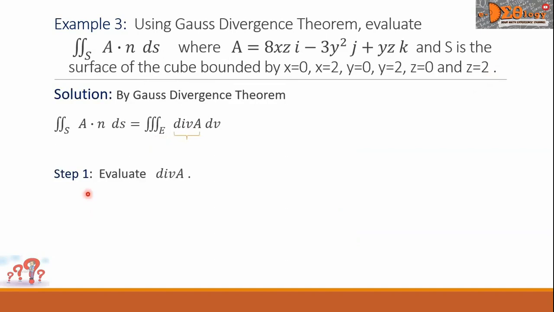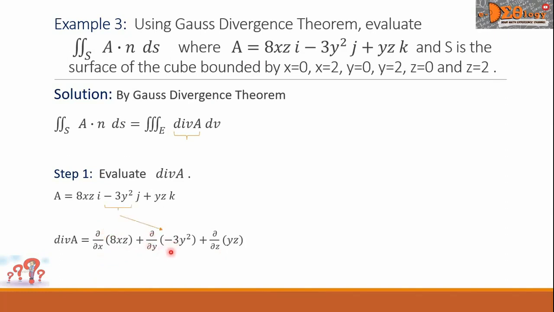Let's begin step 1. We evaluate divergence A. We copy the value of A below here, then let us evaluate divergence A. It becomes the partial derivative of 8xz with respect to x plus the partial derivative of negative 3y squared with respect to y plus the partial derivative of yz with respect to z.